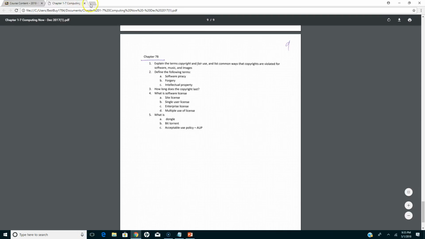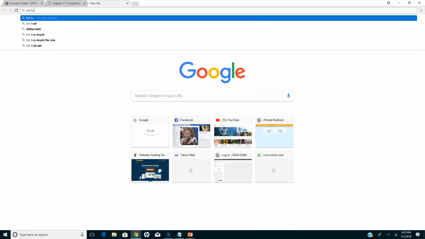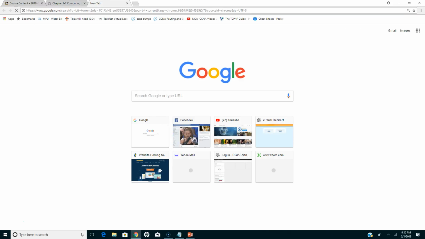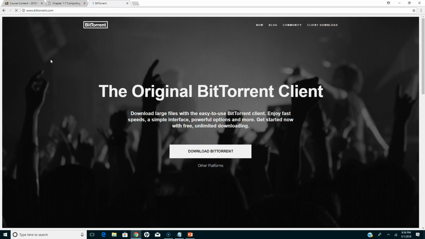There is a program here called BitTorrent. So people can make a copy using this protocol. Download large files with an easy to use BitTorrent client. So if people want to download some big files or programs, sometimes they may use this type of protocol, BitTorrent.